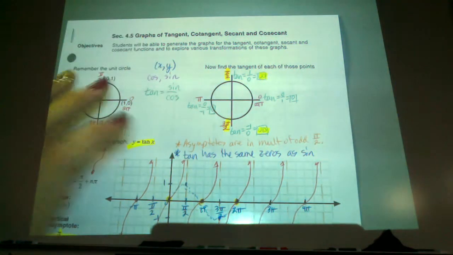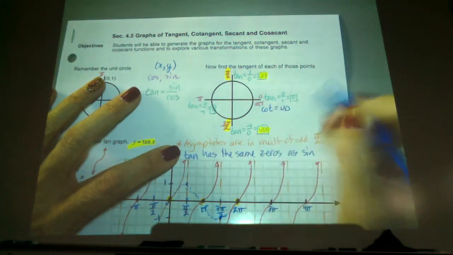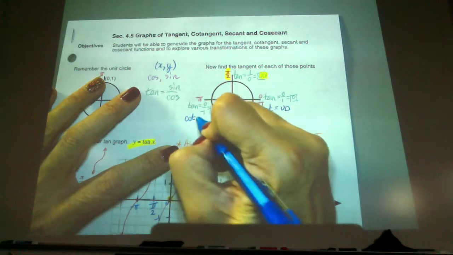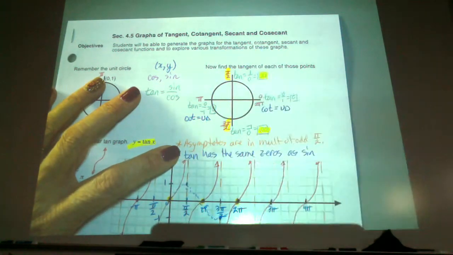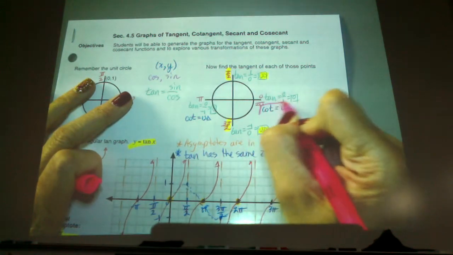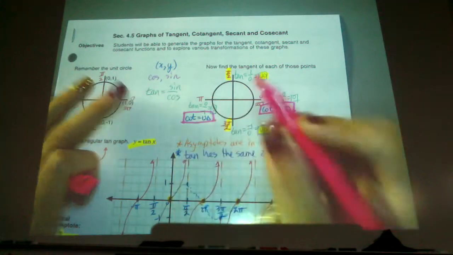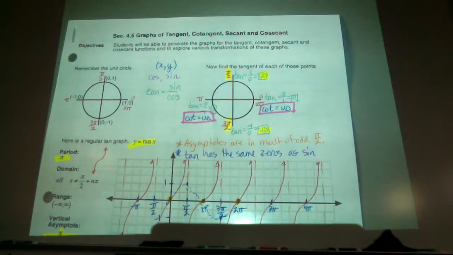So I know that here, cotangent will be undefined, and here, cotangent will be undefined because that's the reciprocal of 0 over 1, it would be 1 over 0. And that creates an undefined value at 0 and at pi for cotangent. So if you know where tangent is undefined, you automatically know where cotangent is undefined. So you only have to learn one of them.